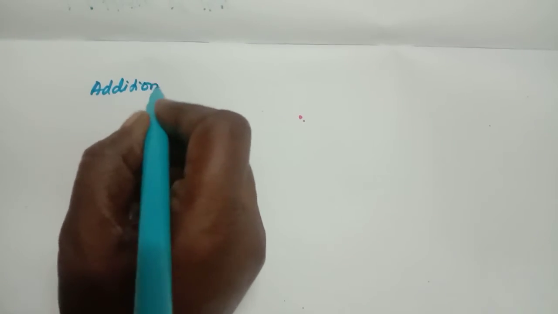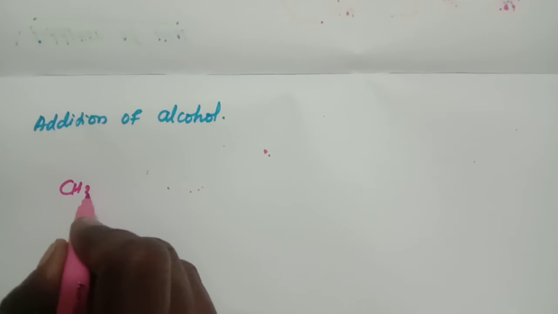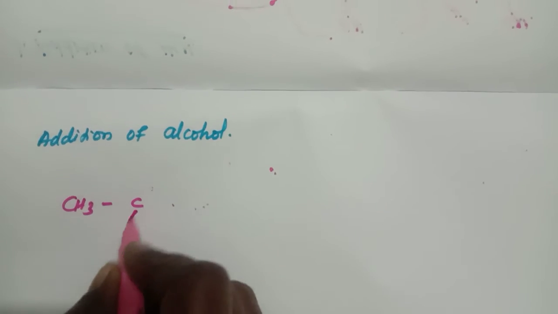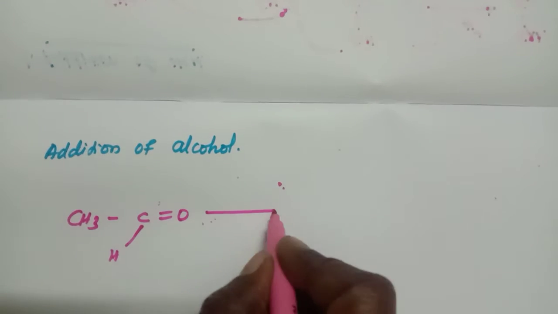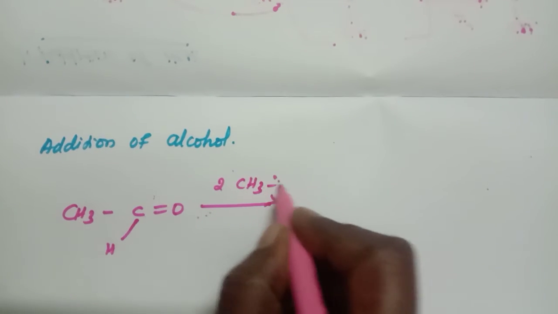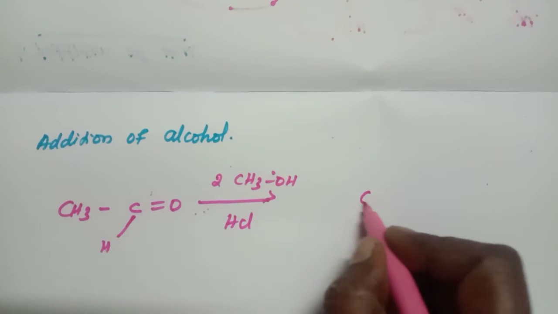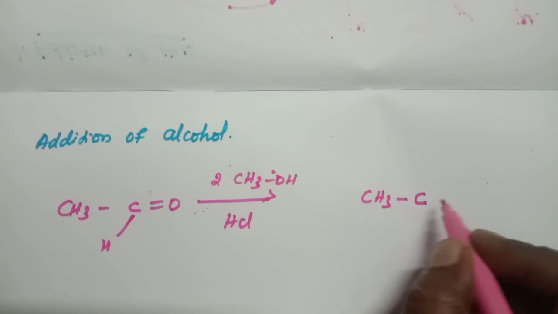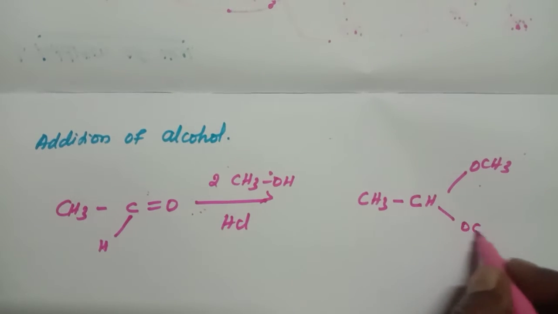Third one is addition of alcohol. When acetaldehyde, CH3C, hydrogen, double bond O, is treated with 2 equivalents of methanol, that is CH3OH, in the presence of HCl, it gives CH3 CH(OCH3), here OCH3.